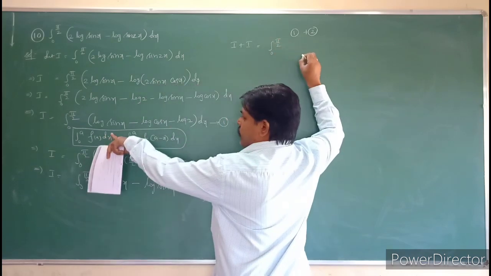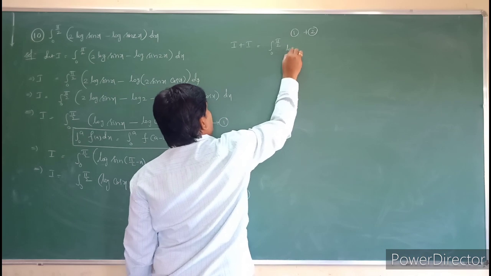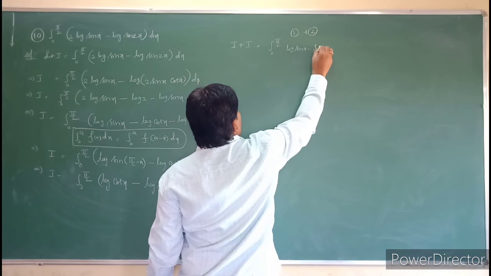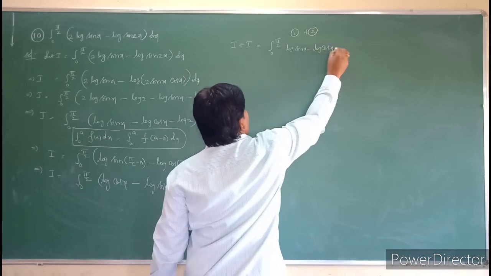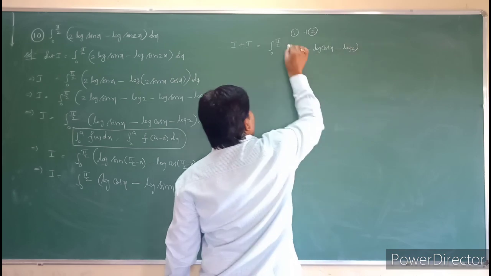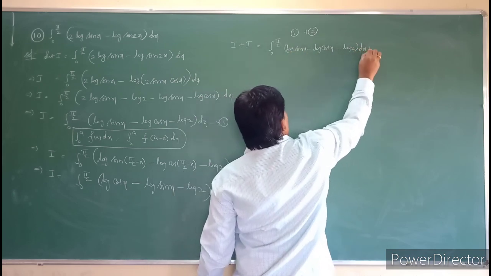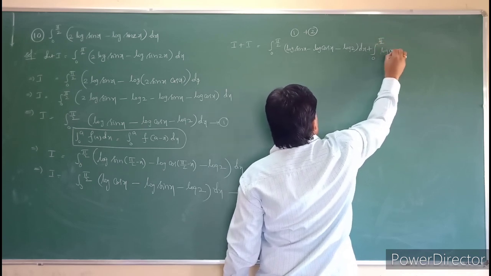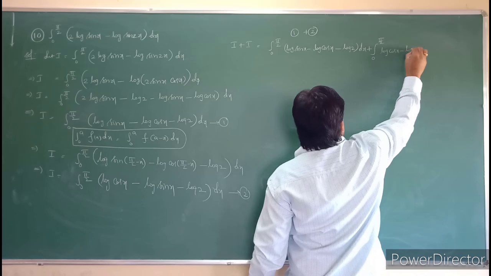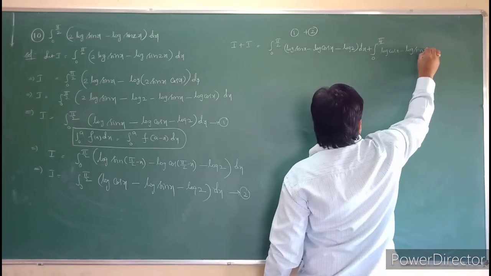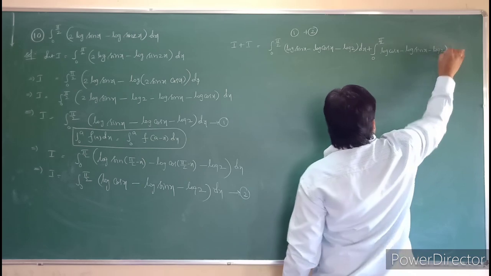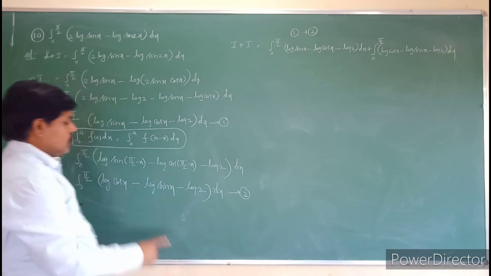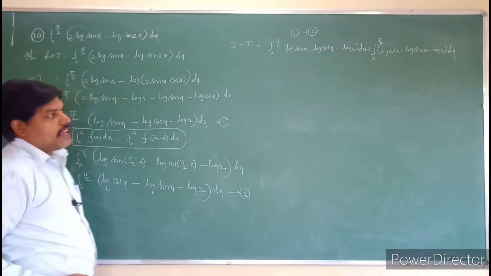Equation 1 is here: log of sin x minus log of cos x minus log 2 into dx, plus integral 0 to pi by 2 of log of cos x minus log of sin x minus log 2 into dx.